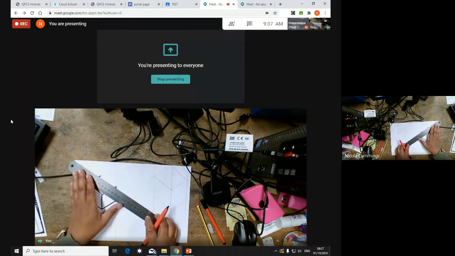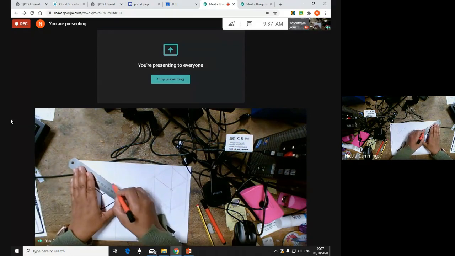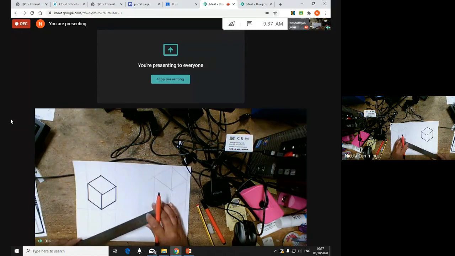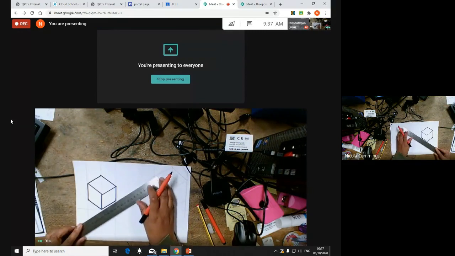Now, obviously, that line, I'm just going to link that line on. So making something parallel means that they're at the same angle.